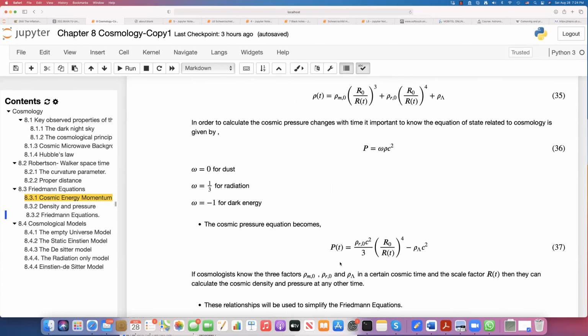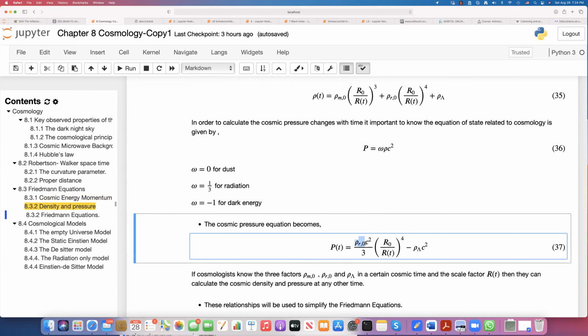The advantage here is, in both these equations, if you know these two factors, rho r0, which is the radiation density right now, which you can measure from an experiment, and the scaling factor at a particular time and the scaling factor right now, you are done with this pressure. You can directly calculate it. And it is the same for the density as well. And that's what I have written here.